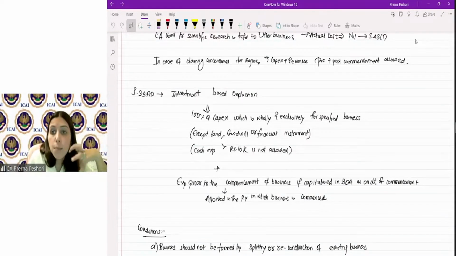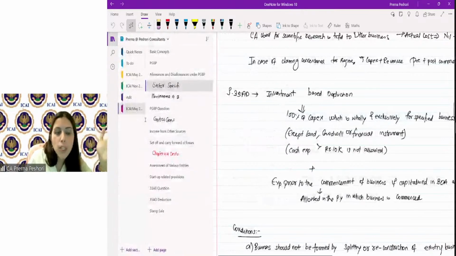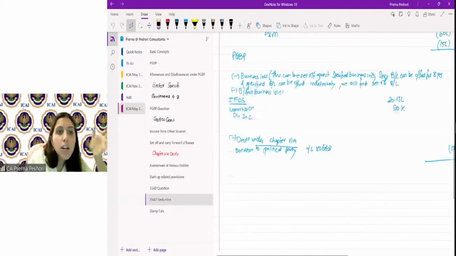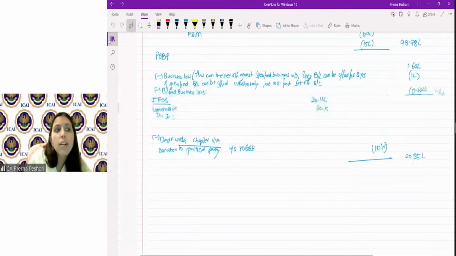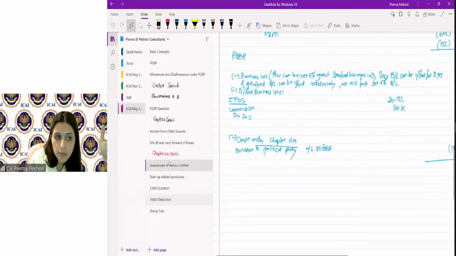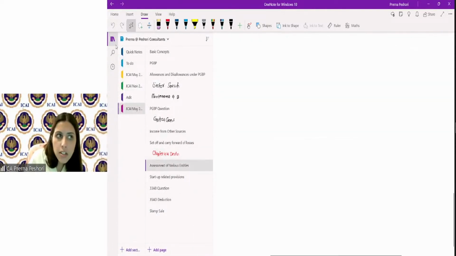So expenditure prior to the commencement of business, if capitalized in the books of accounts as on the date of commencement of business, will also be available to you. So in that situation, you will get the deduction of the expenditure incurred prior to that as well. Are we getting that?